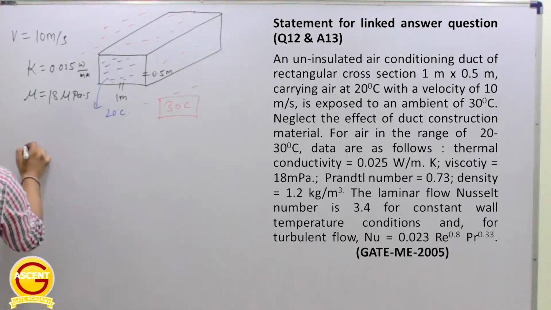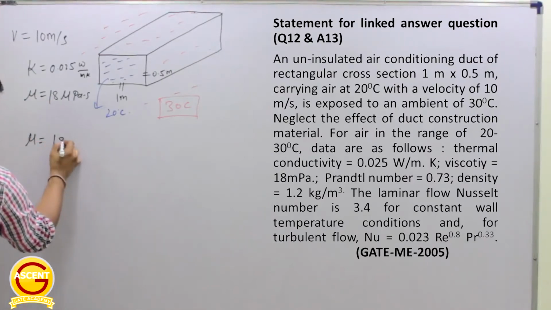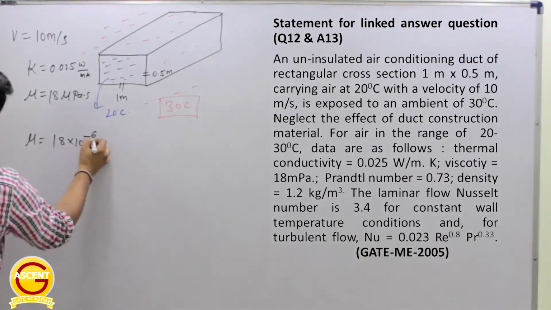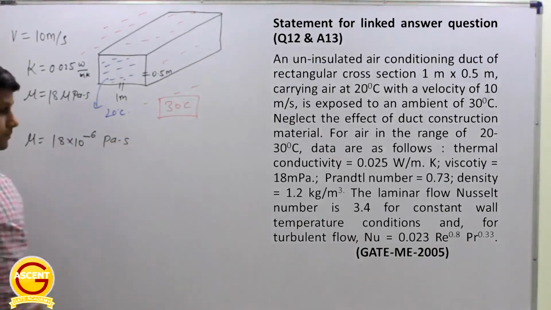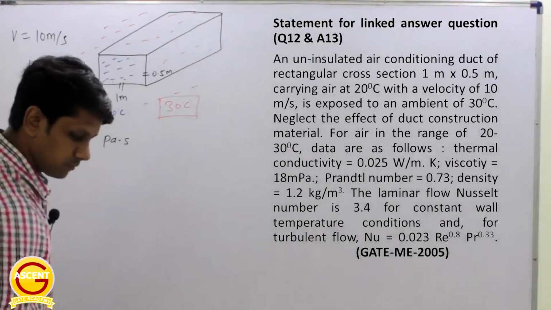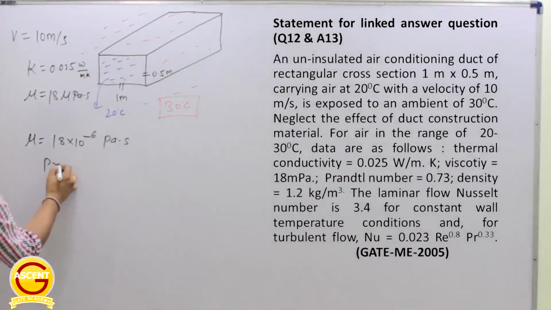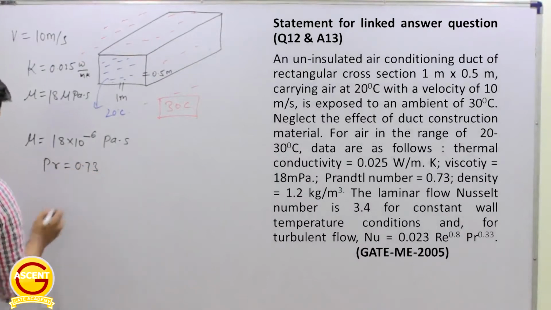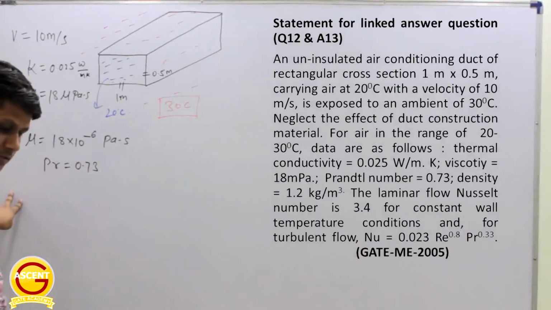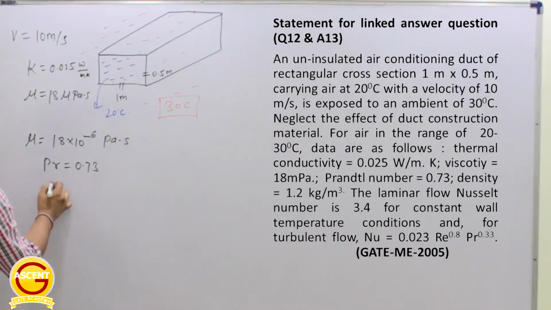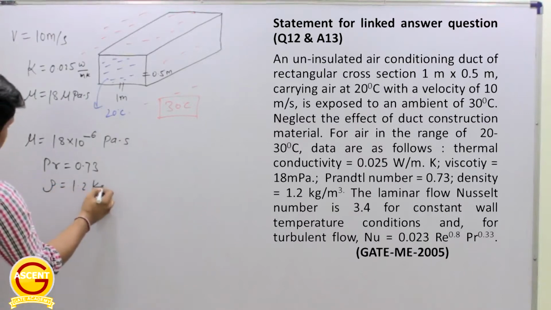So this mu will become 18 into 10 to the power minus 6 pascal second. Now he has given the Prandtl number as 0.73, and the density is given as 1.2 kg per meter cube.